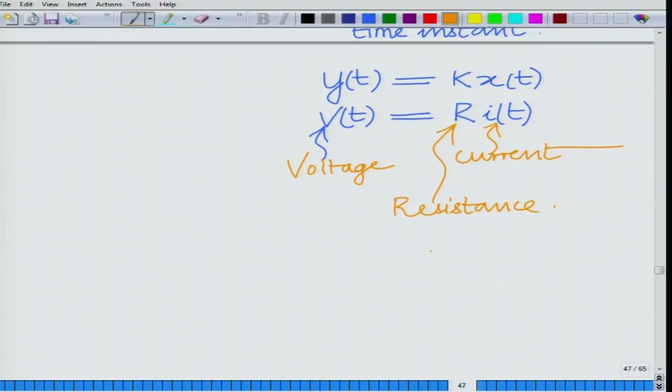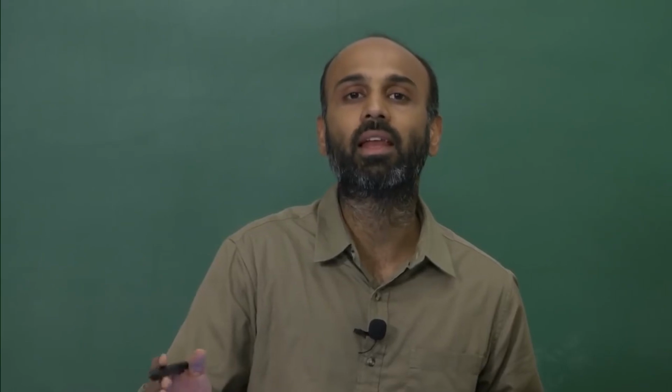The voltage at time instant t depends only on the current at time instant t.